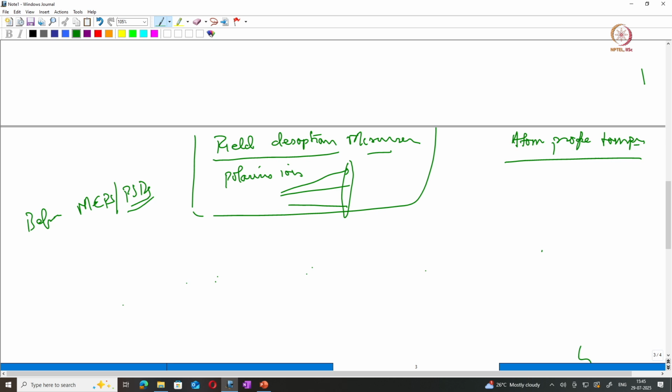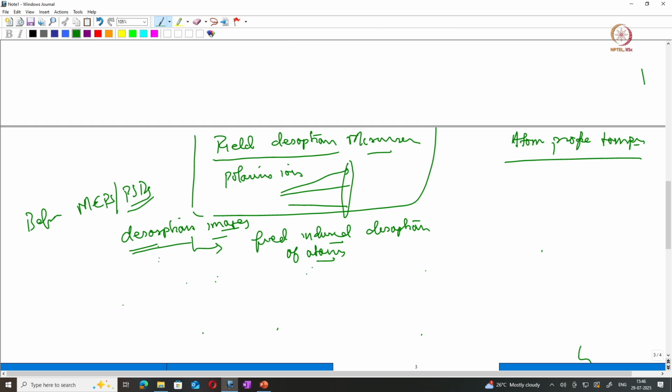These images are also called desorption images. What are these? These are the images formed by the field induced desorption of atoms from the specimen. You can call it a desorption image or desorption map.